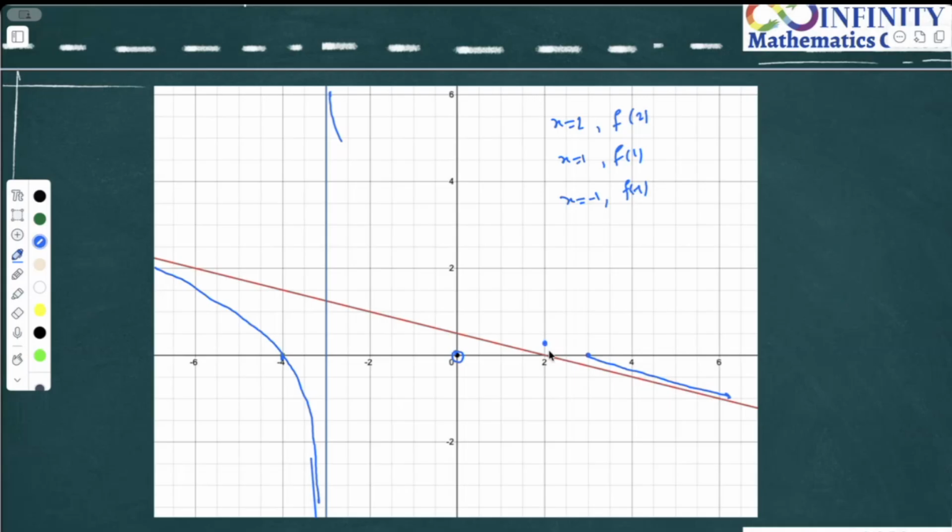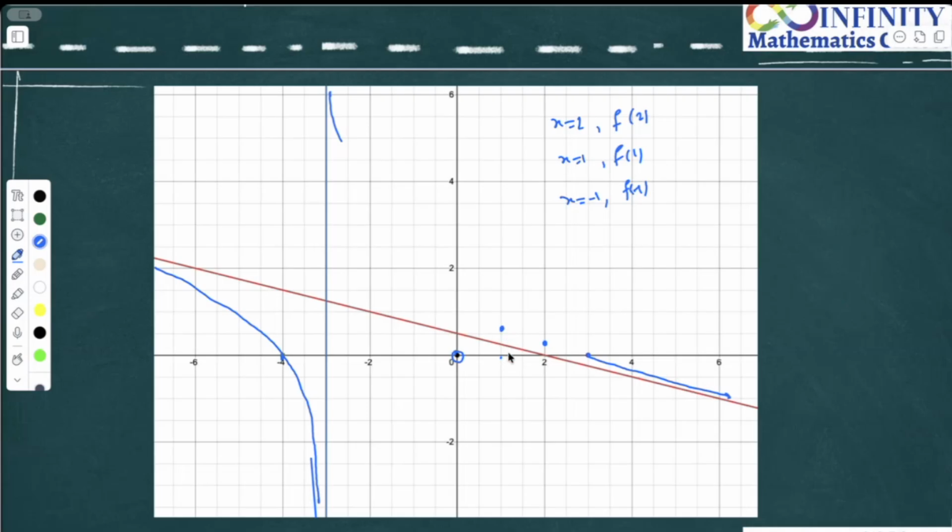And then for 1, it would be -10 over -16, which is 5 over 8. 5/8 is going to be somewhere here.